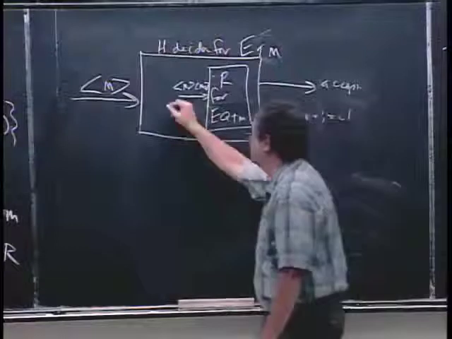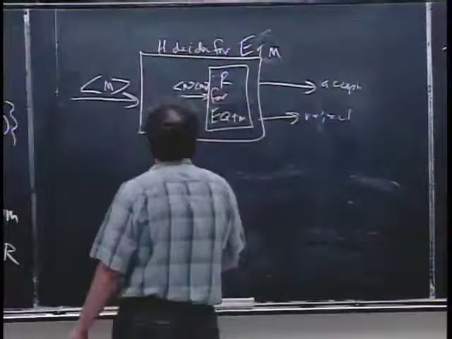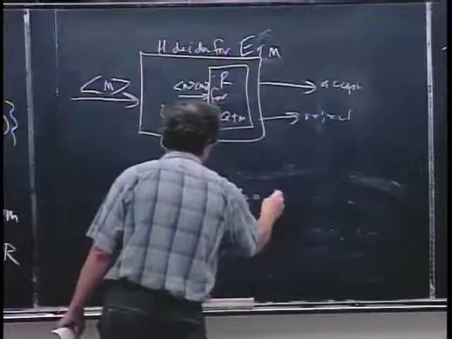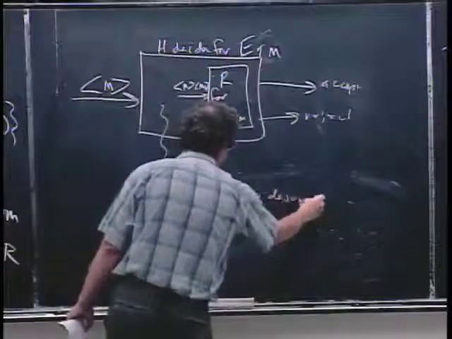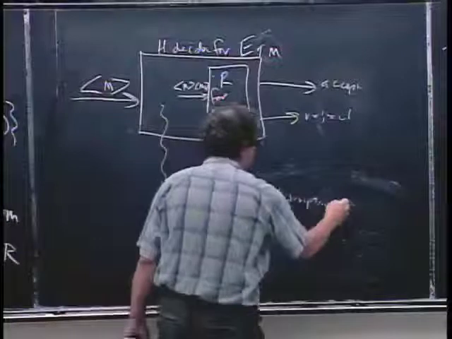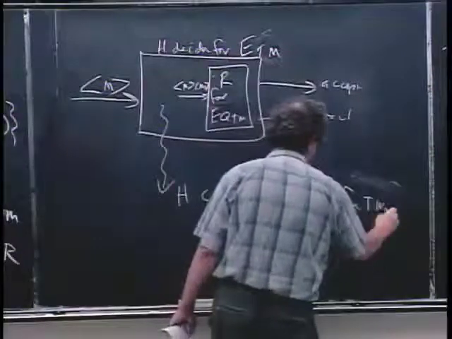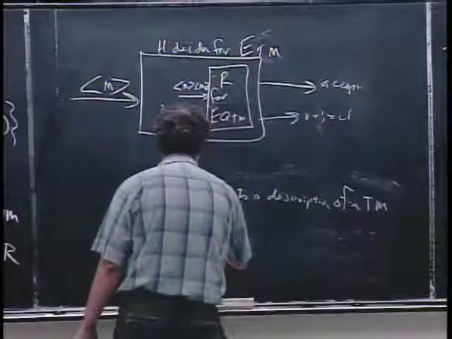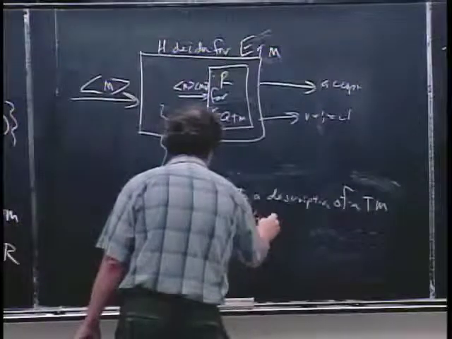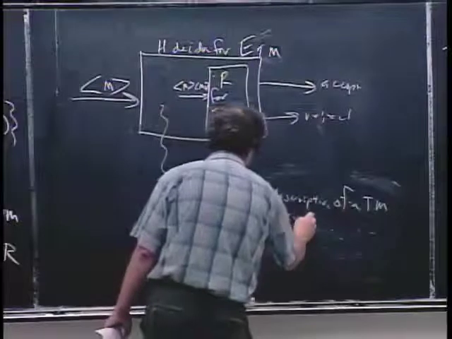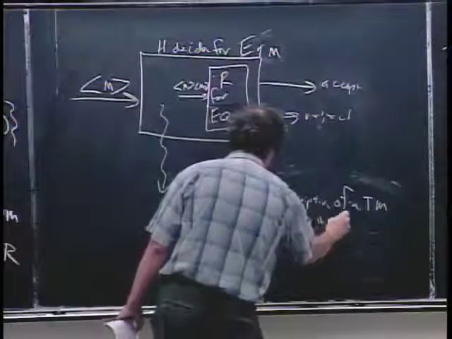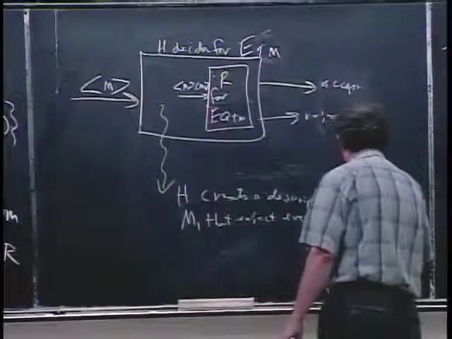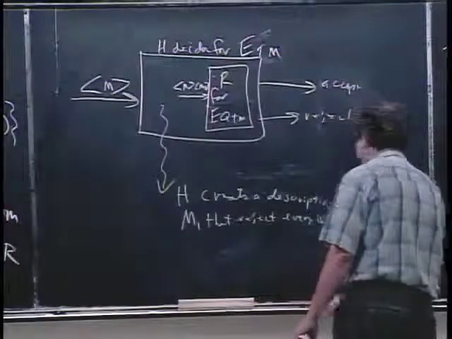Okay, well, I'll tell you. So H creates a description of a Turing machine M1 that rejects everything. All right? So L of M1 is empty.